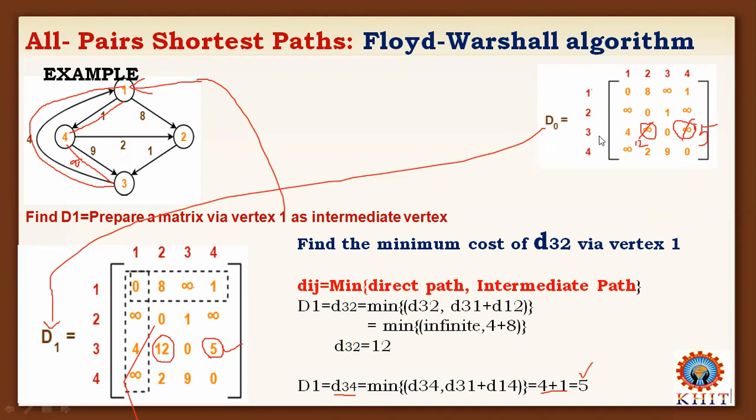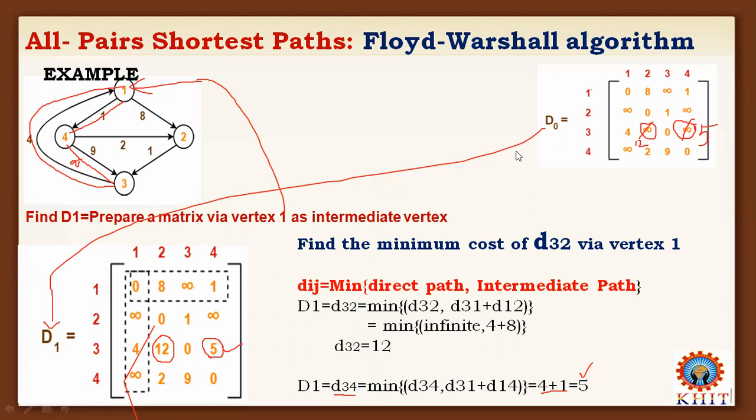The first one is if you want to move from vertex 3 to vertex 2, instead of moving by the direct path, you just move from 3 to 2 through intermediate vertex 1. Okay, so that is the good way. And if you want to move from vertex 3 to vertex 4 through intermediate vertex 1, the total cost is 5, not infinity. So two changes are made in this given graph.